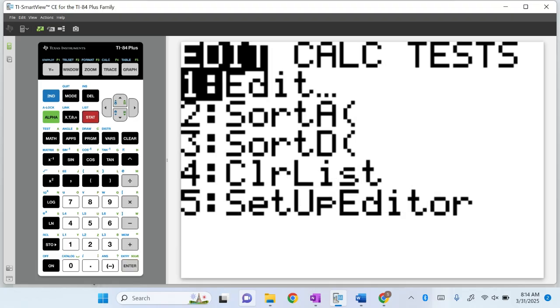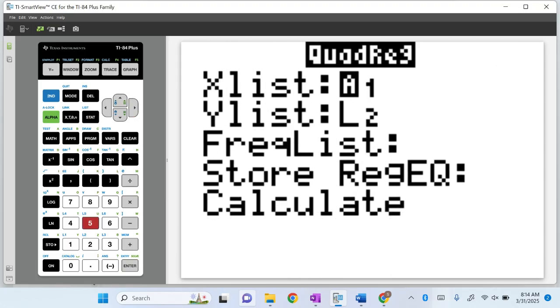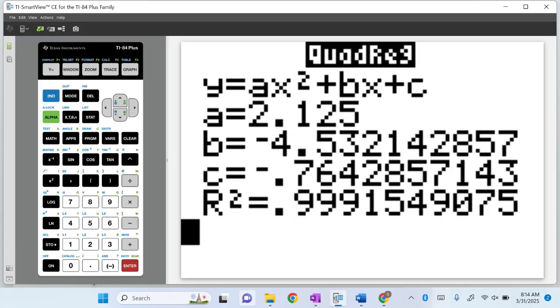So stat over 5, you're at this screen. Then you just keep hitting enter. I think you'll hit it like 3 or 4 times until you get to this screen. And what it does is that it gives you the standard form of a quadratic, so ax squared plus bx plus c.